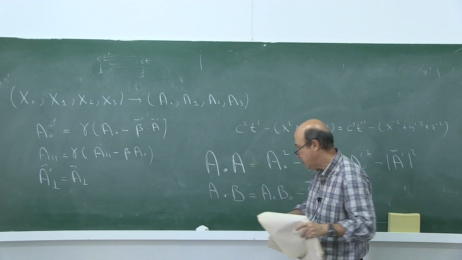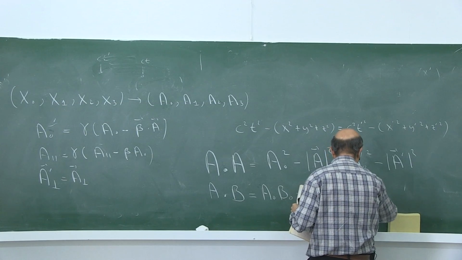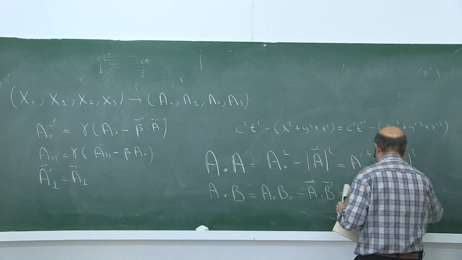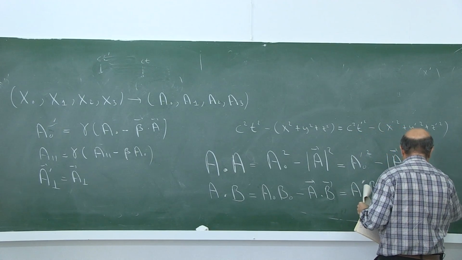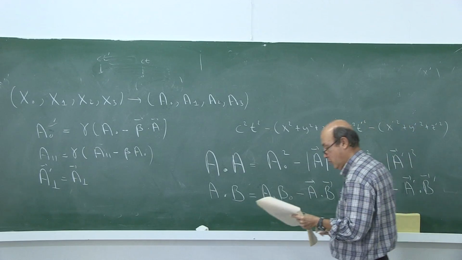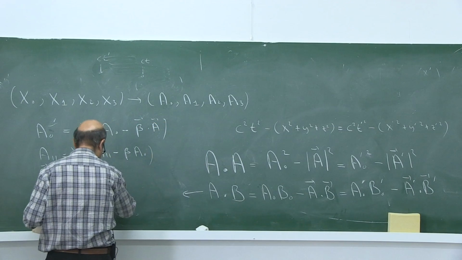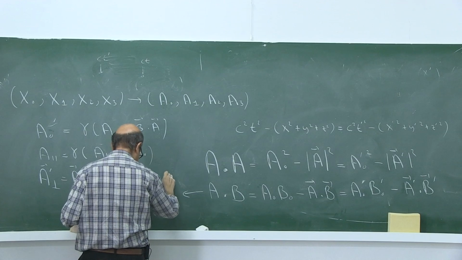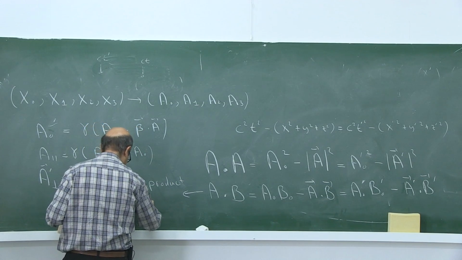If you look at the scalar product, that will be A0 prime B0 prime minus A prime dot B prime. So scalar product is an invariant.